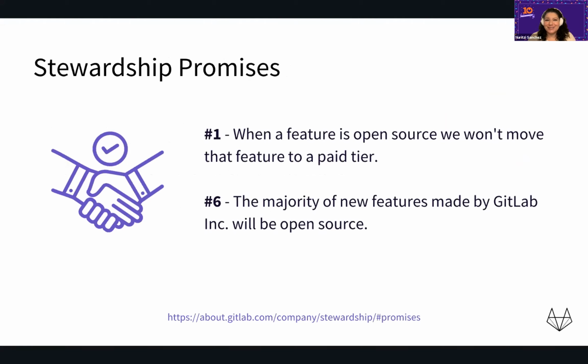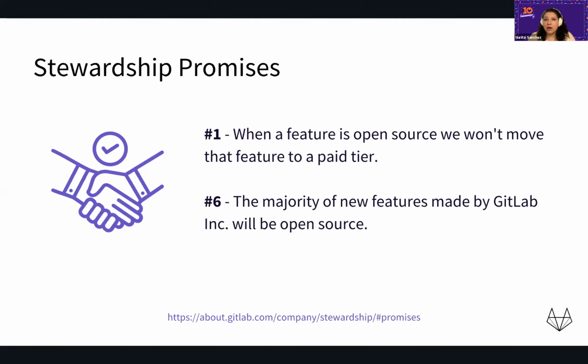So I keep mentioning this stewardship promise. Let's talk a little bit more about that. We have 10 stewardship promises, and here I'm just going to highlight 2 of them because it'll give you an idea of what they are. Again, this helps us make sure that we're developing our proprietary features in a way that does not harm the open source project, and really that we're helping to build that open source project and making it stronger and better as we continue to develop the for-profit aspects.